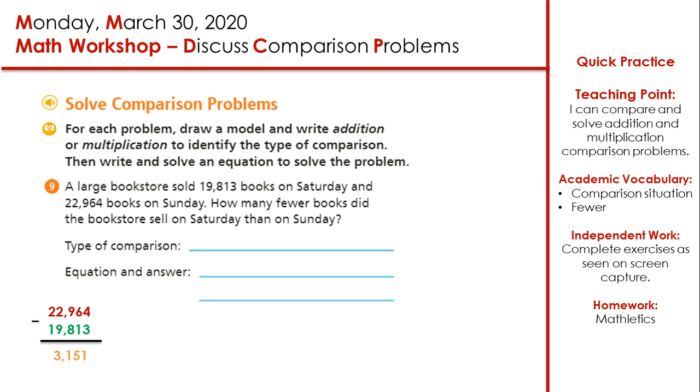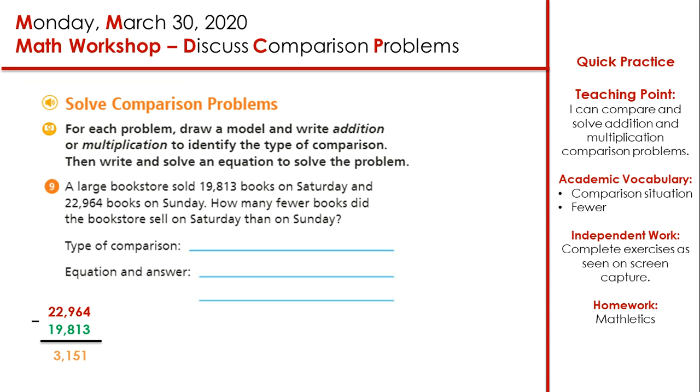All right? So a large bookstore sold 19,813 books on Saturday and 22,964 books on Sunday. How many fewer books did the bookstore sell on Saturday than on Sunday? Right?